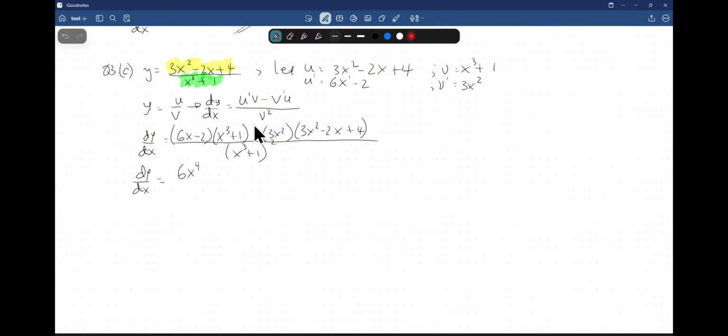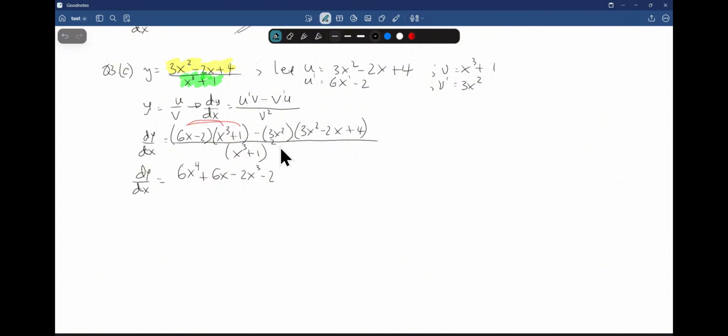This multiplied by this, and then the next one multiplied with this, plus 6x, and then the next one is minus 2 multiplied by x cubed. So we got minus 2x cubed, and then minus 2 multiplied by plus 1 is simply negative 2. Leave everything now because we multiply individually.